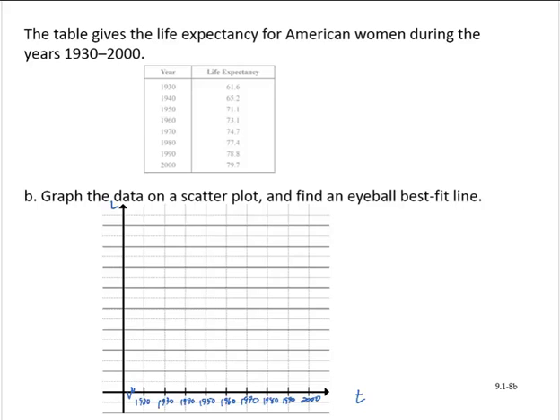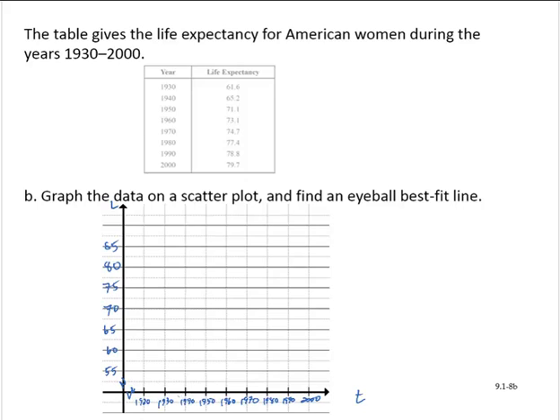And then for the life expectancy, I see a minimum a little bit more than 60 and a maximum is a little bit less than 80. So what I will do is put a break in the axis and we'll start at 55, and there's 60, 65, 70, 75, 80, 85.